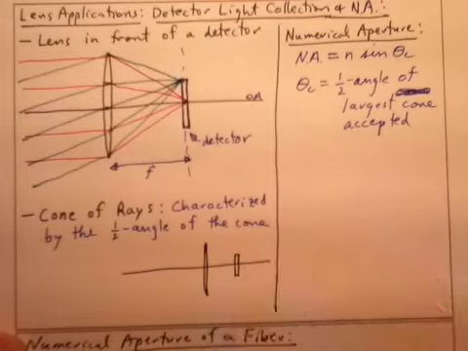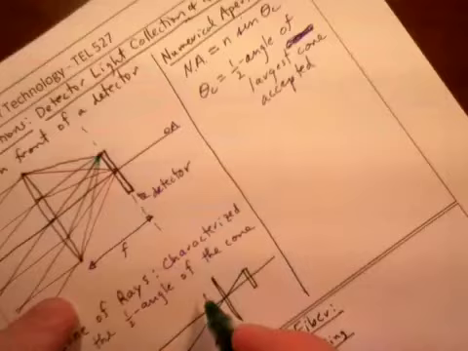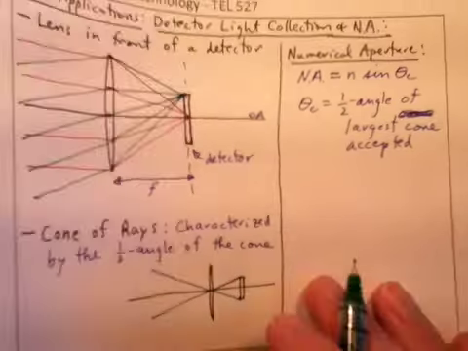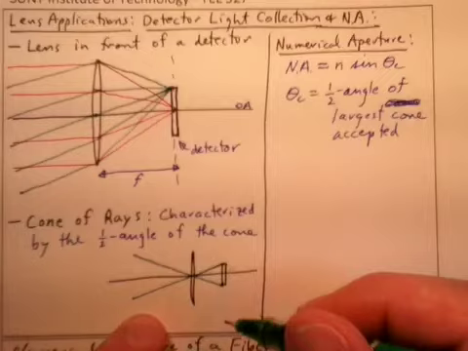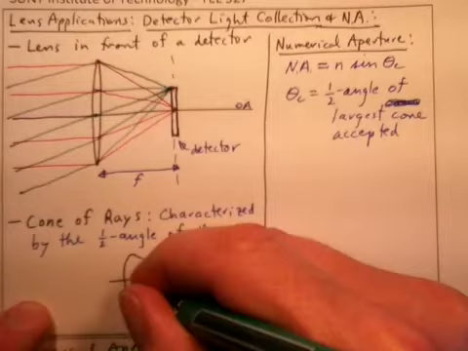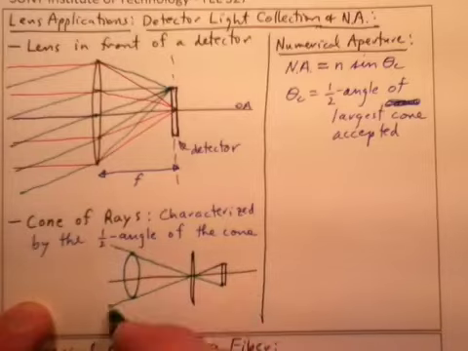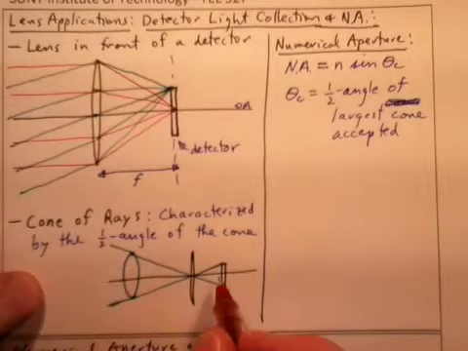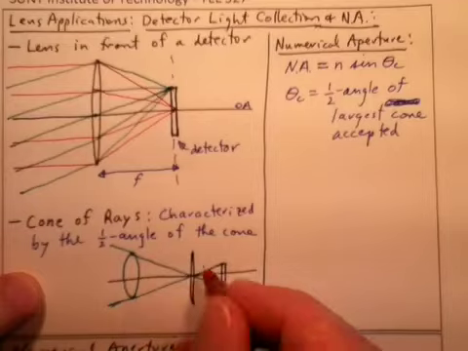This is the largest angle at which some rays can be brought into this lens and still hit the edges of the detector. This angle will define a cone, and any ray that comes in within this cone is going to strike this lens and be brought into this detector.